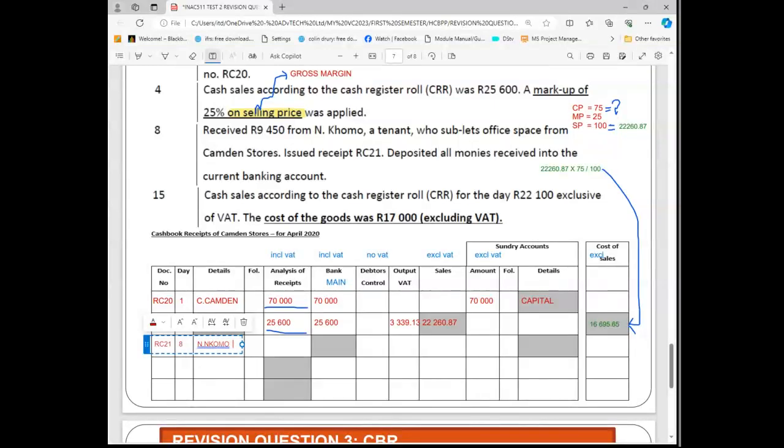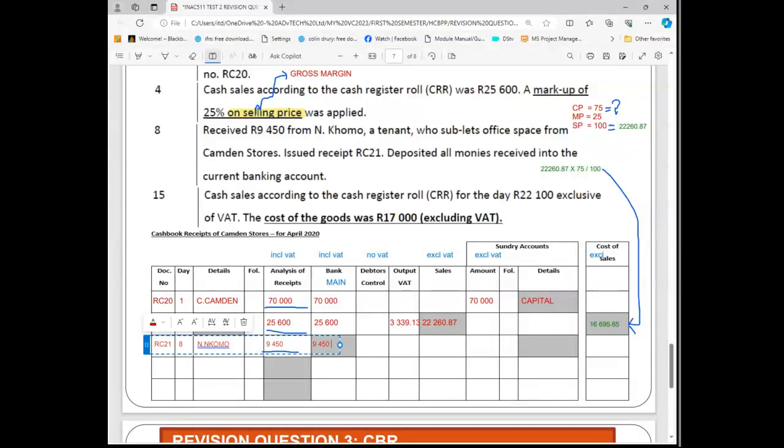The amount is 9,450, and then straight to the bank. And then it would be rent income. Yes. So we'll go to the sundry amounts.